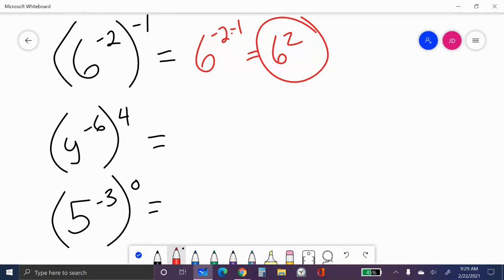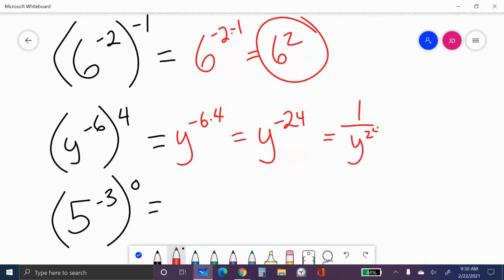Y to the -6 times 4 is y to the negative 6 times positive 4, which is y to the negative 24th, which is, flip it, 1 over y to the positive 24th.